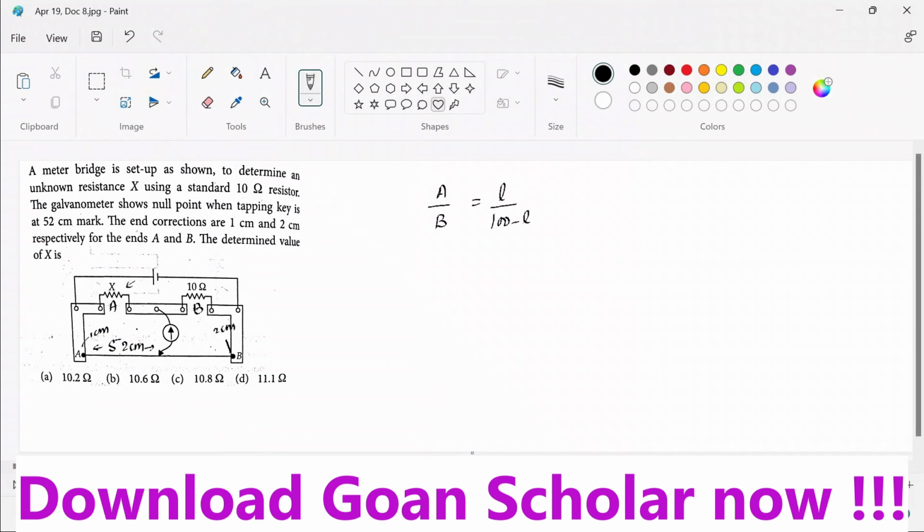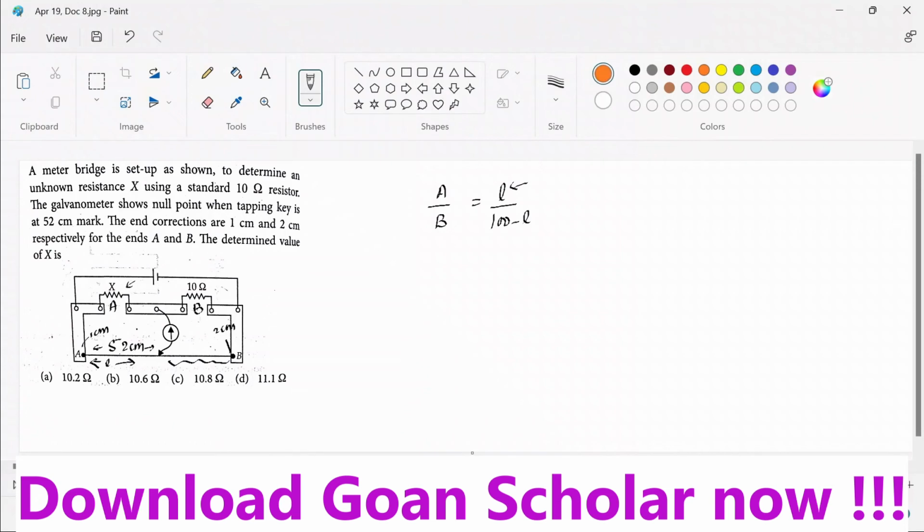What is the length of AB? 100 centimeter. So length L is that point at which you are finding null deflection. So if this is L, the other one will be 100 minus L. And A is the resistance connected in this part, and B is the resistance connected in that part. So let's make use of that.